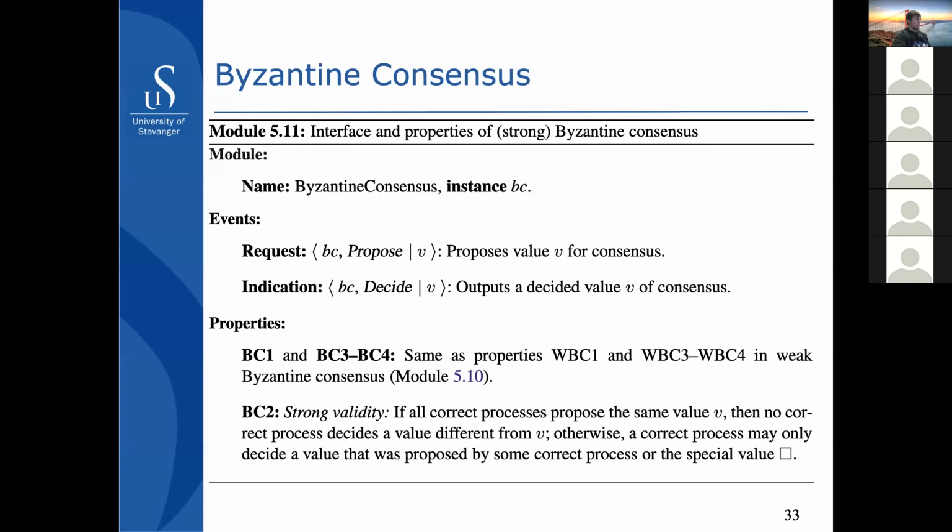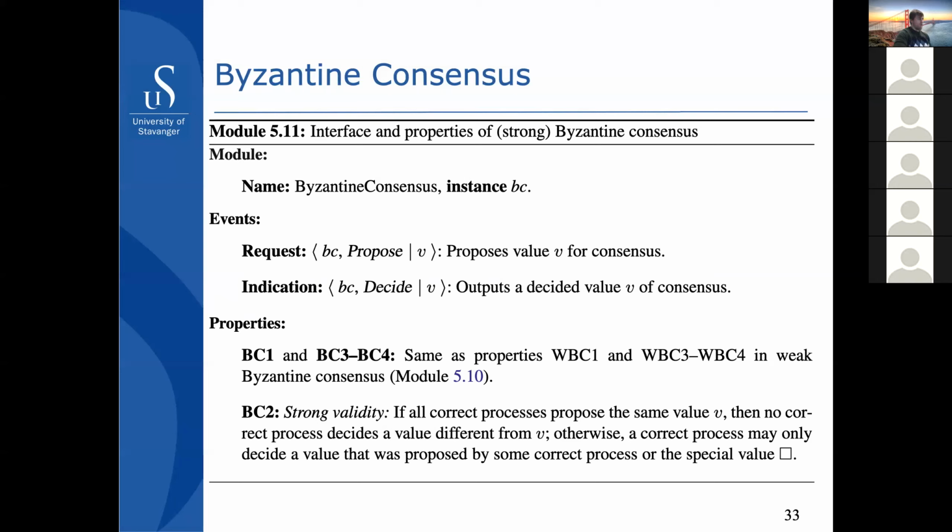But we are more interested in strong Byzantine consensus with strong validity. If all correct processes propose the same value v, then no correct process decides a value different from v. Otherwise, a correct process may only decide a value that was proposed by some correct process, or the special value square.